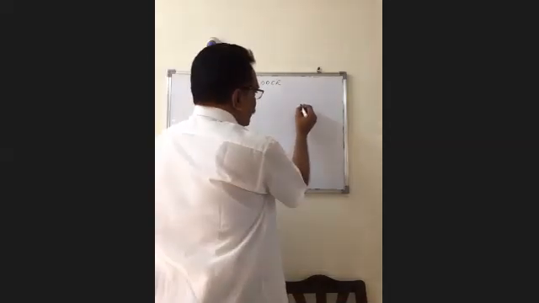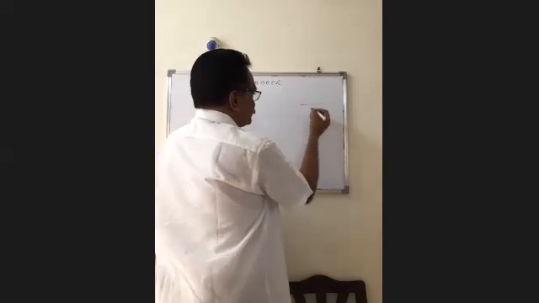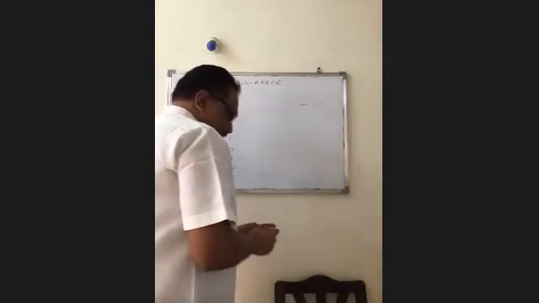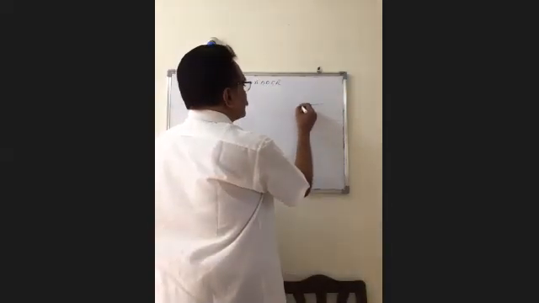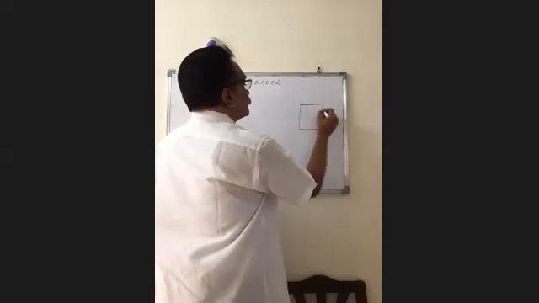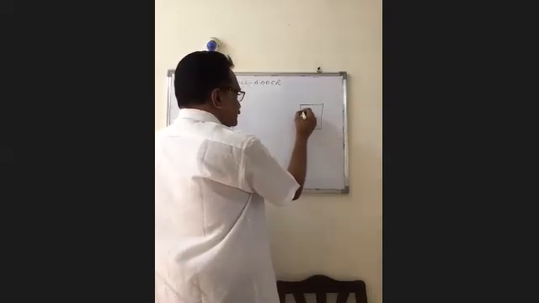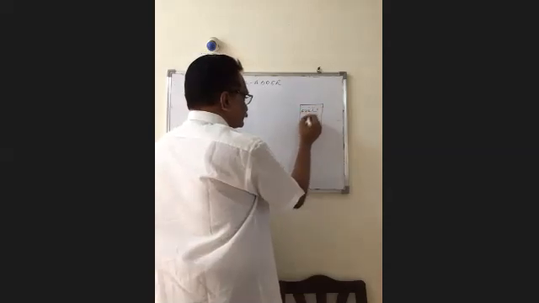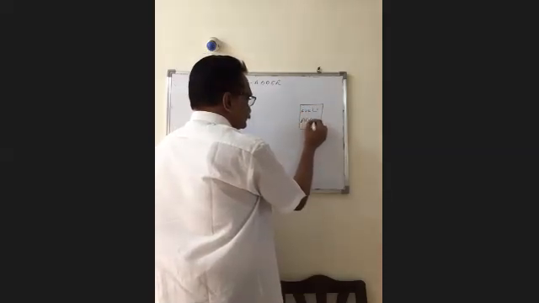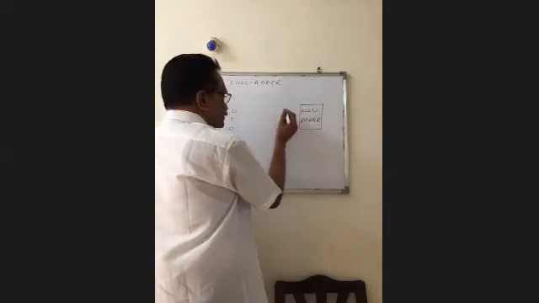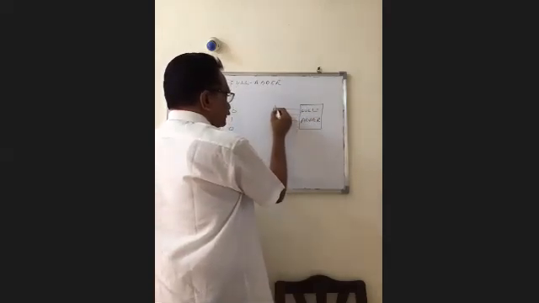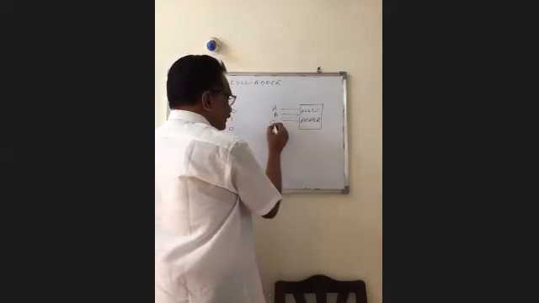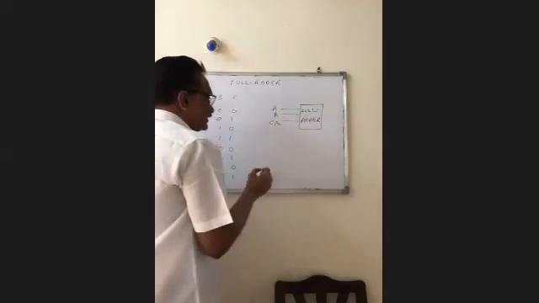No doubt in that one, full adder also produces... this is a full adder. It has 3 inputs, A, B, and the third one is the C. Why is it called C?